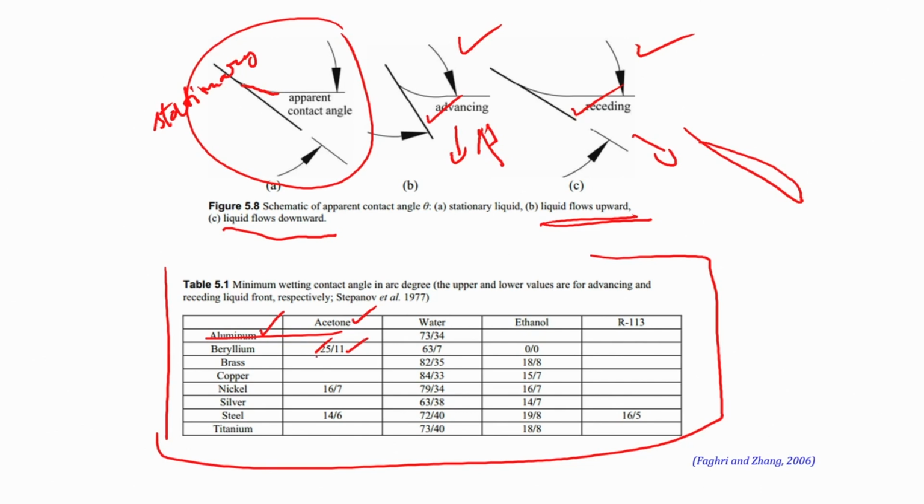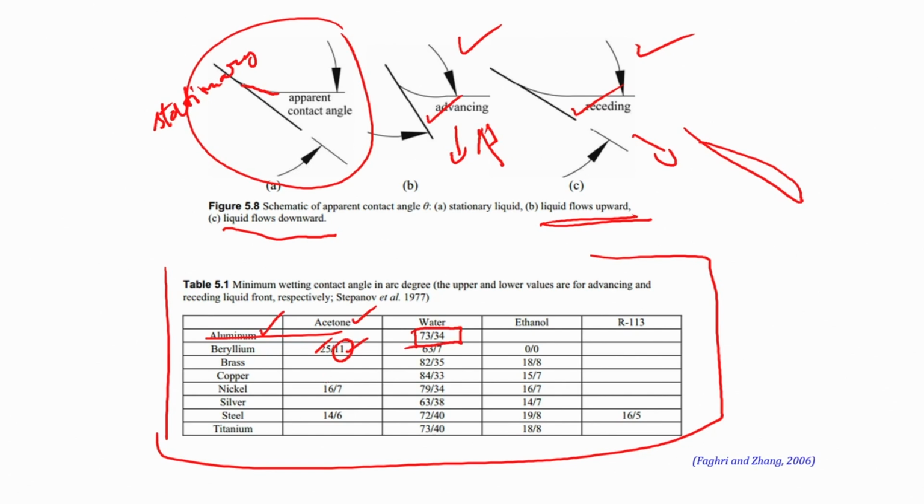So, an advancing acetone drop will exhibit a contact angle of about 25 degrees, and the receding drop will exhibit a contact angle of about 11. In the case of aluminum with water, you can see that there is quite a bit of a difference in the advancing and the receding contact angles.